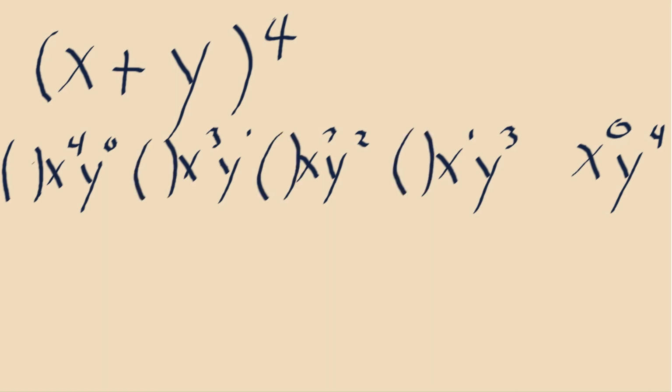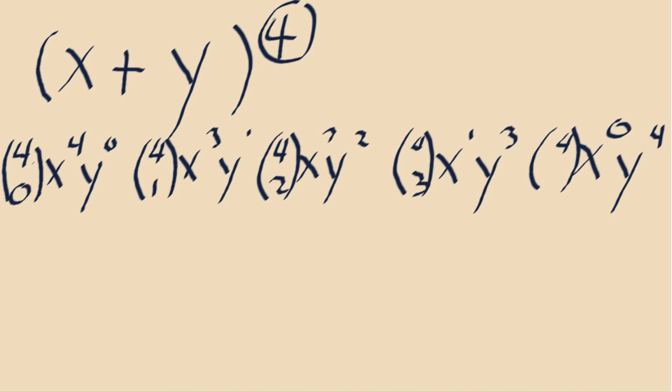Okay, so now let's find the coefficients of each variable here. So again, since our exponent is 4, all the top numbers will be 4. And then the bottom numbers, you're going to start with 0 all the way to 4.